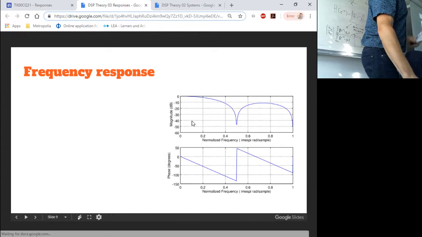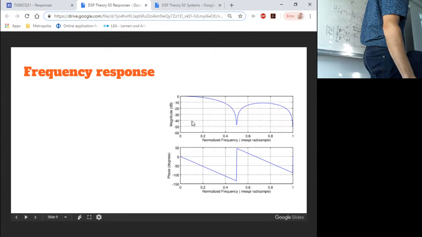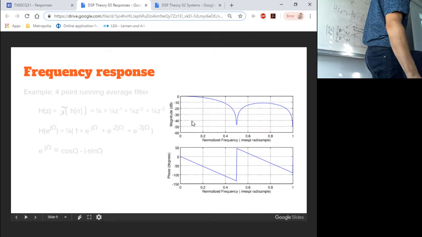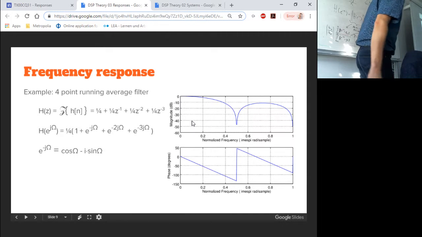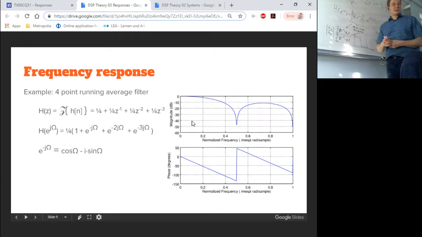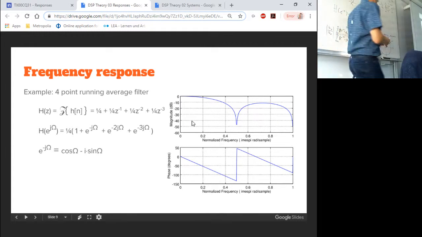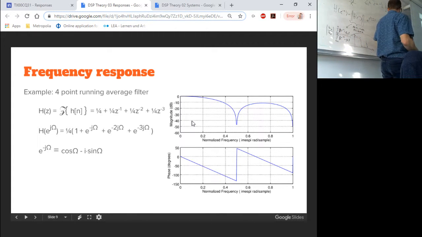But we can also just use MATLAB to calculate it. The frequency response of a 3-point running average system looks like that. You can do some calculus, or you can just look at it here.